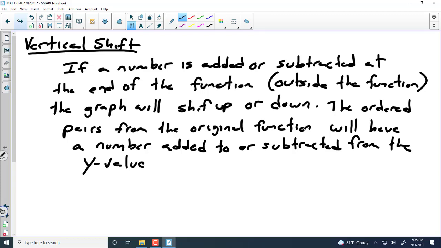Now I wanted this to be in your notes so you'd have it so you can look at it. But this actually isn't as bad as it sounds. It just gets very wordy to describe what's happening. Symbolically, what we're going to be doing, everyone, is we're going to take a function, and at the very end of it, we're going to either add or subtract a number.